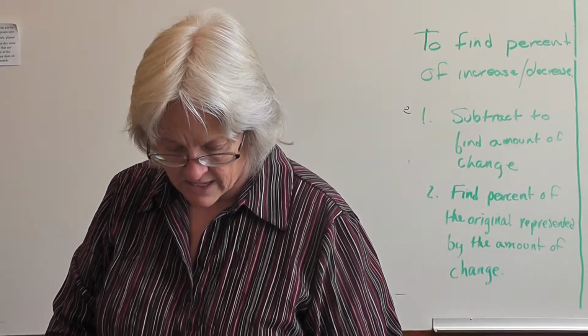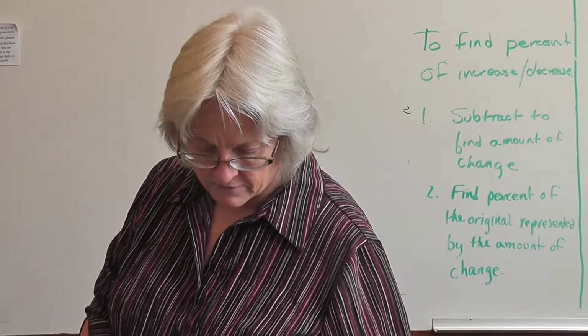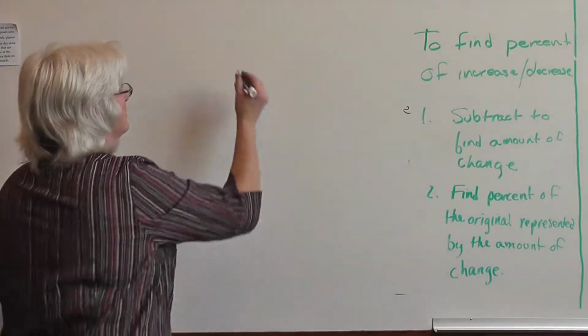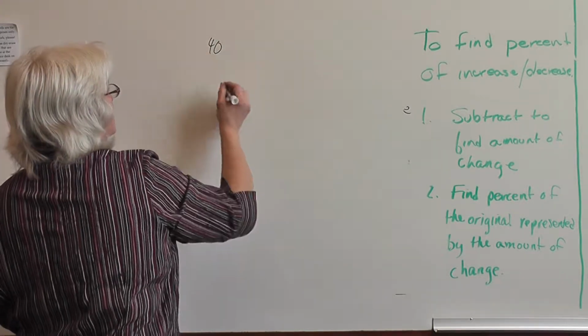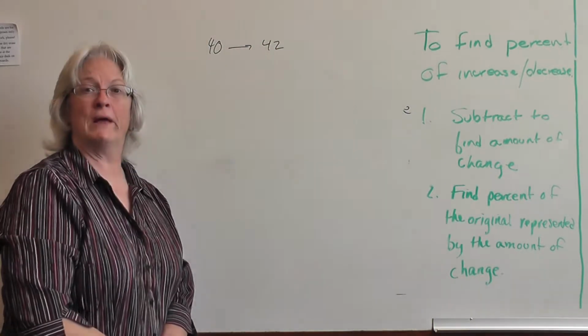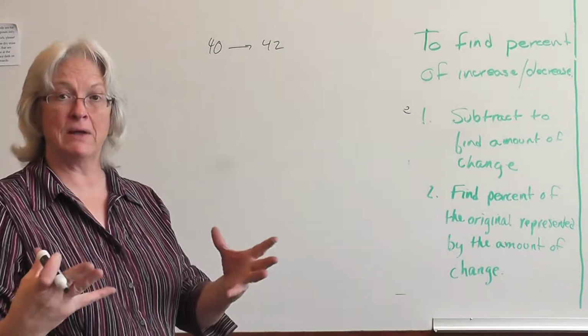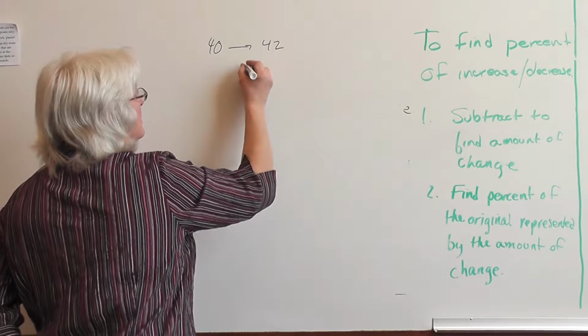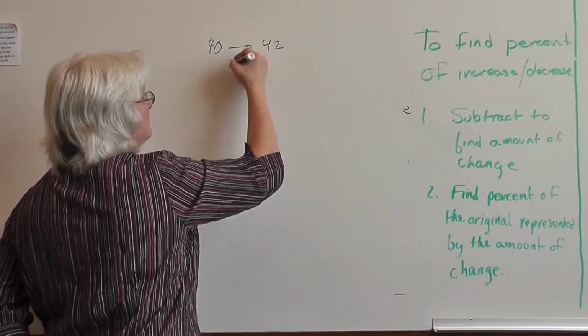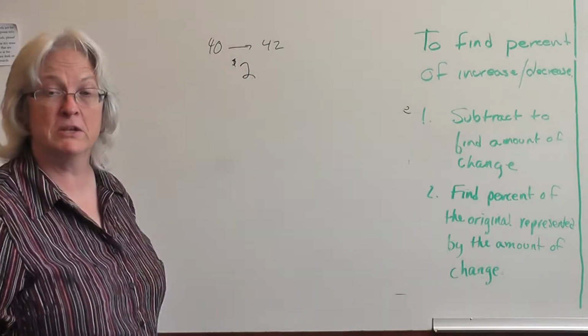Let's say that we have an original amount of 40, new amount of 42. What's the amount of the change? $2 change. We'll just assume these are dollars.